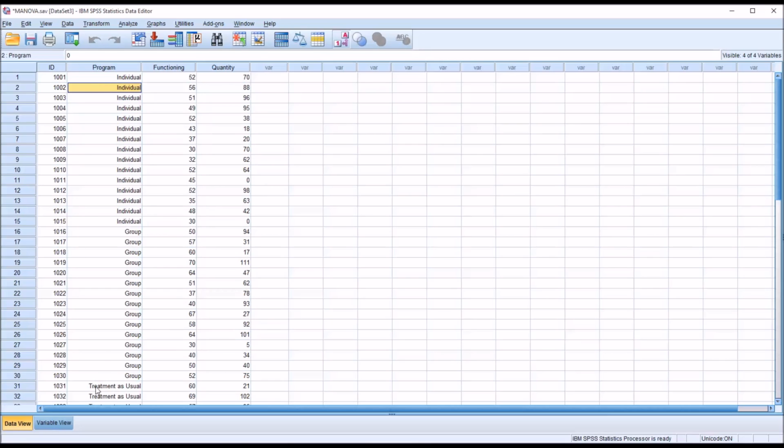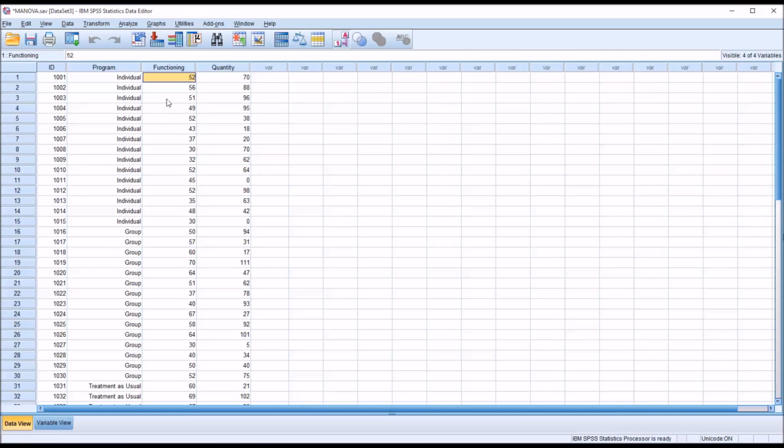So they're going to have treatment as usual, which is one of the levels of this independent variable, program. But you want to add a specialized individual treatment, or group treatment. So you have individual, group, and treatment as usual. But notice we have two dependent variables. One is functioning.